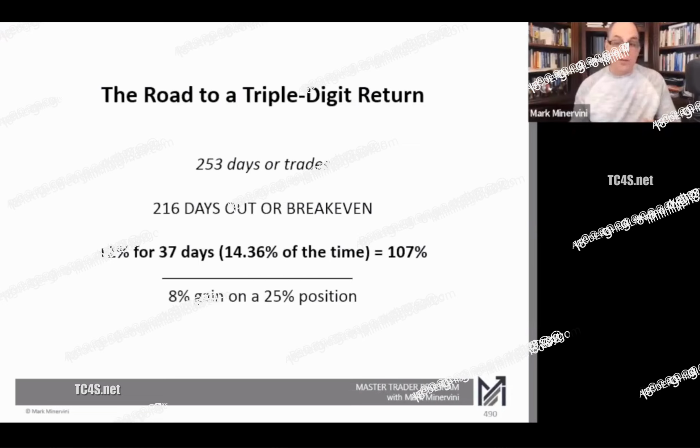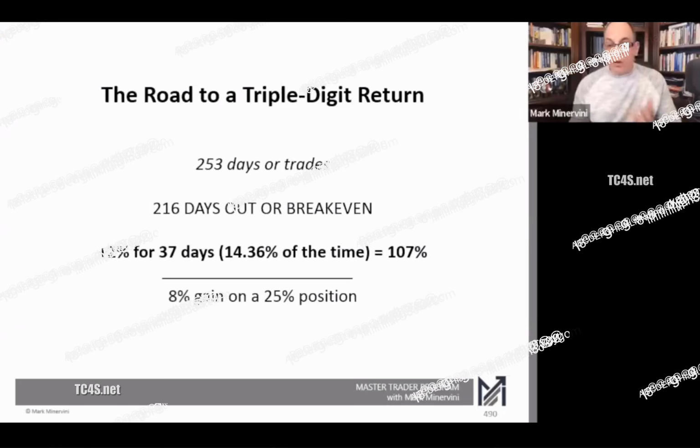That's 2%. 10% would be 2.5%, obviously. So you'd make 2% on your overall account. Do that 37 times, whether it's over 37 days, however you want to calculate it. Do that 37 times in a year and just break even the rest of the time, and you make 107%.